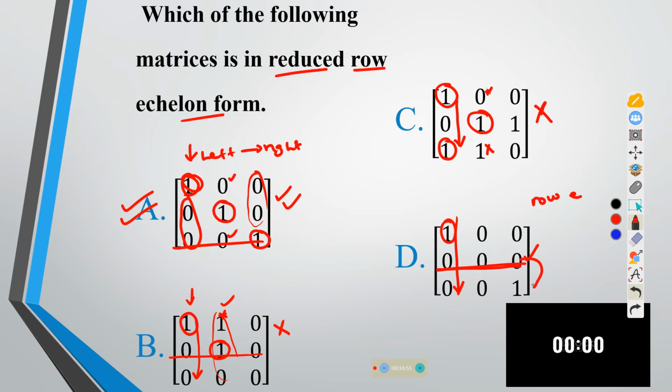But if it comes in the middle or the first, then it becomes disqualified. The row of zeros must appear at the bottom. Here it is appearing in between, so this will be disqualified as well. So we shall have option A as the answer for this question.